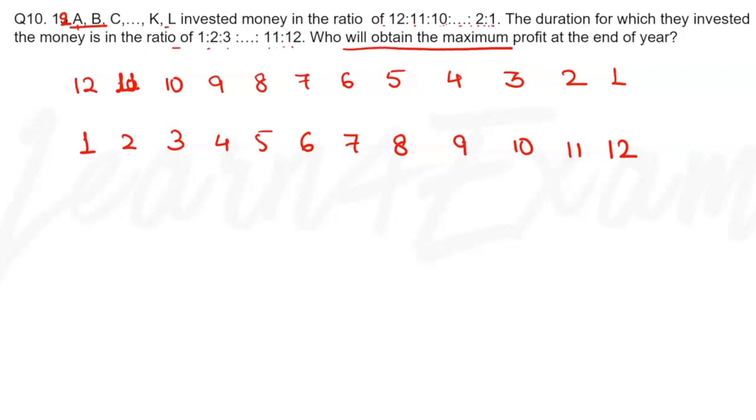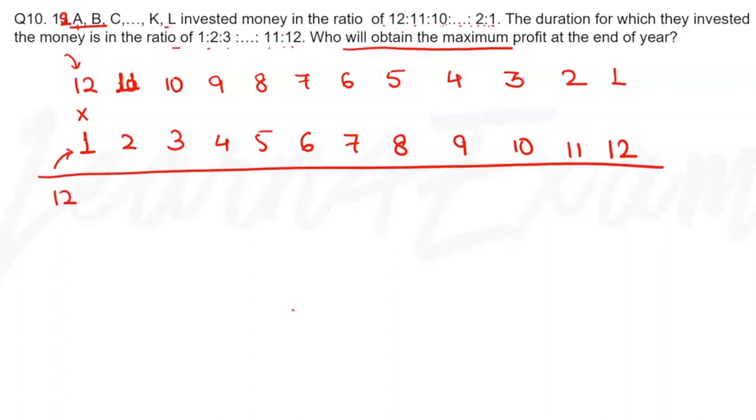So we know that the amount of profit always depends upon the invested money and the period for which it was kept. So it's always proportional to the product of these two. So let's find out the product. So this is 12, 22, 30, 36, 40, 42, and again 42, 40, 36, 30, 22, and 12.